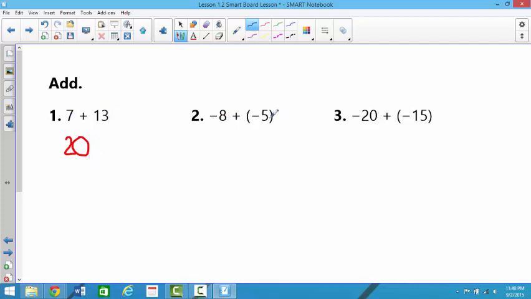Negative 8 plus negative 5: 8 and 5 is 13, and because they're both negative, it's going to be a negative 13. And negative 20 and a negative 15: 20 plus 15 is 35, but because they're both negative, our answer is going to be a negative 35.